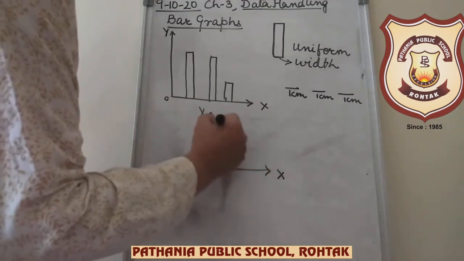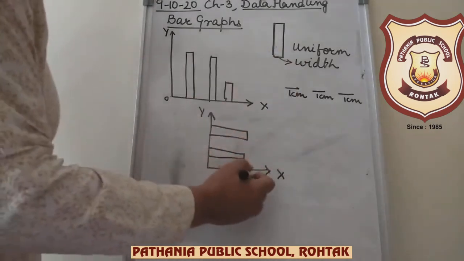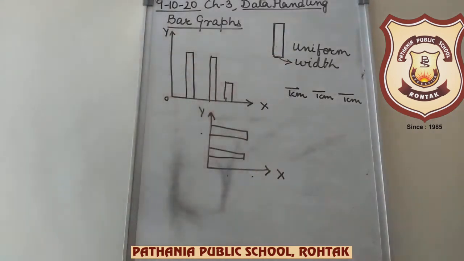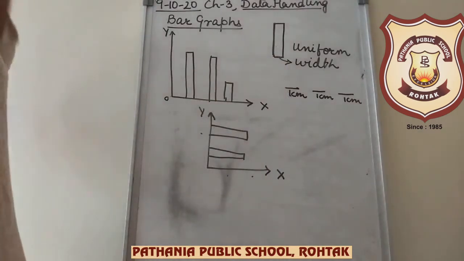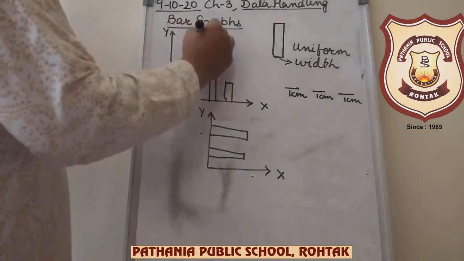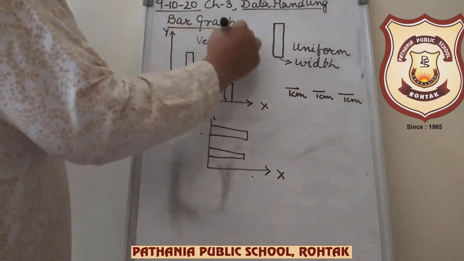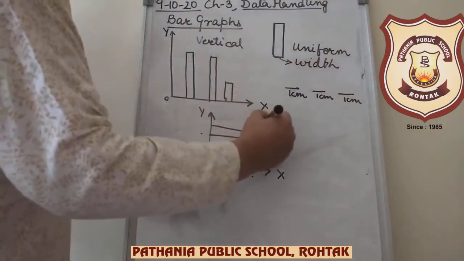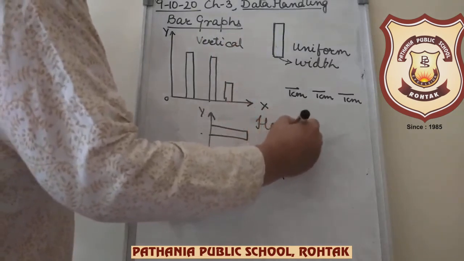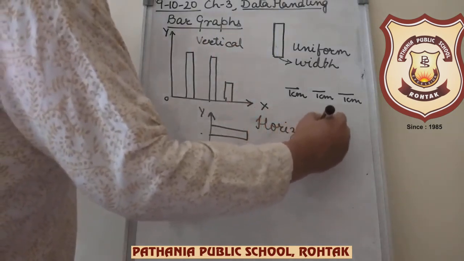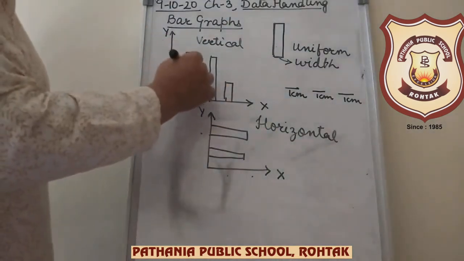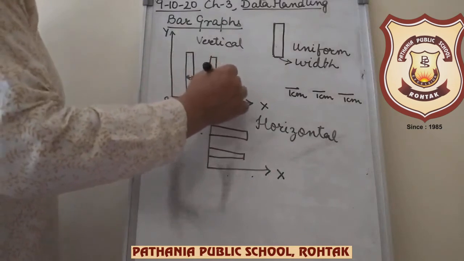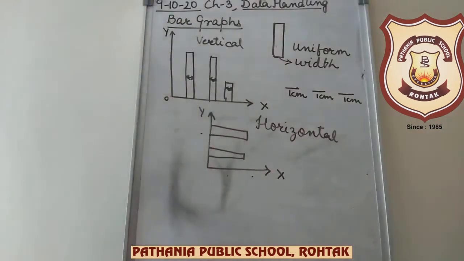It is up to your choice on which axis what you take. Okay, that I'll explain when we do the questions. This is a vertical bar graph and this is horizontal. Clear? And this width has to be equal for all the bars.